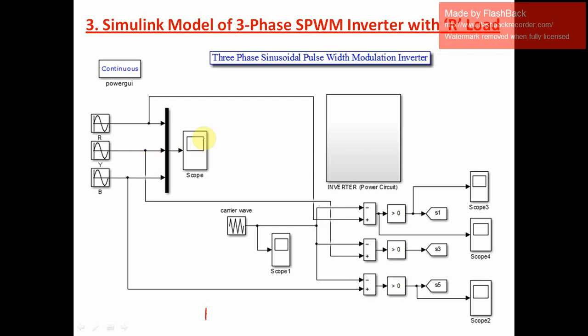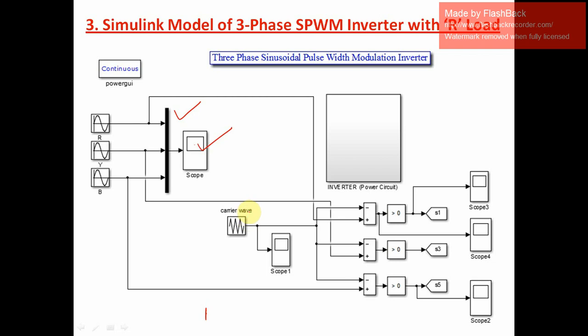Once they are created, we can observe whether our output is correct or not by connecting a scope here. This is the mux, which multiplexes these three waveforms, and we can see all three waveforms here in the scope with this kind of connection.